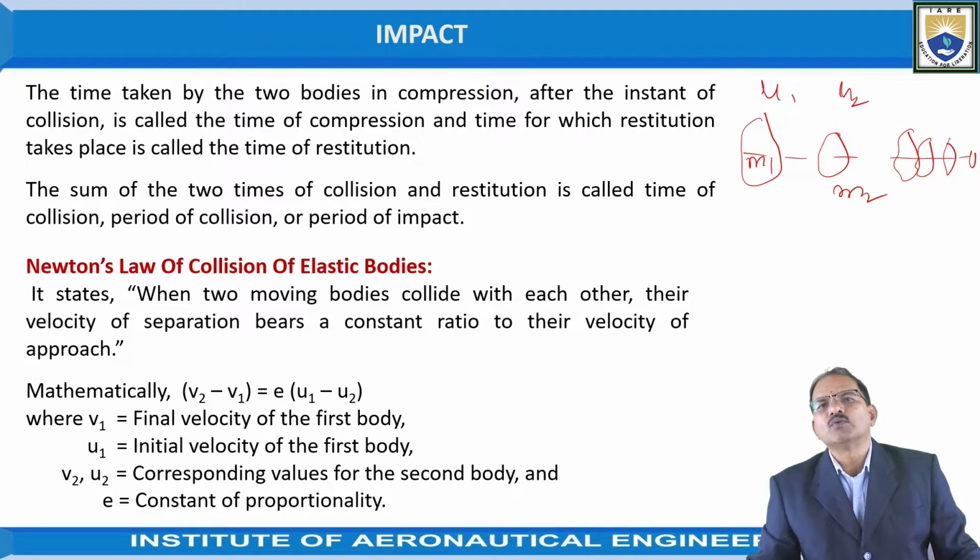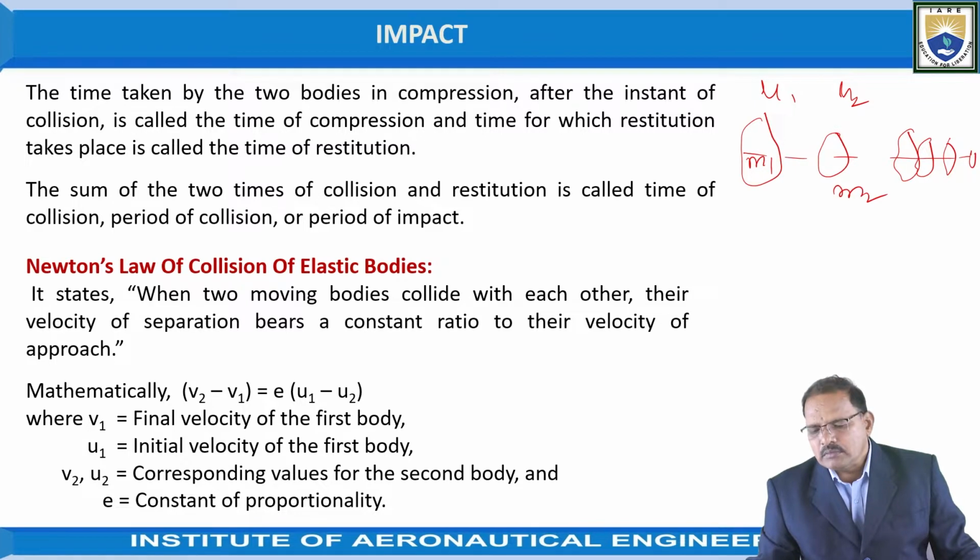The amount of time required for the compression of the two bodies in a colliding process is known as time of compression. Similarly, after the compression, the two bodies regain their original shape and separate. The process of regaining the original shape is called restitution.